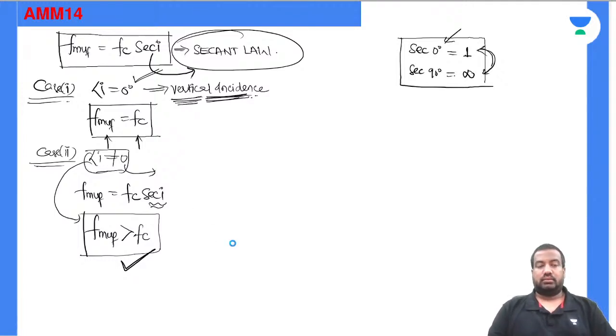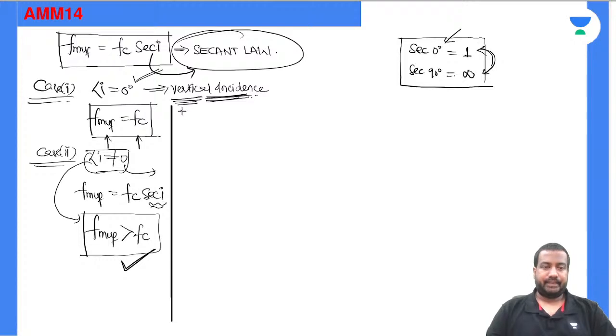So now, if you consider an F layer, for F layer, the maximum incident angle for which the wave will be reflected back is found to be 74 degrees.